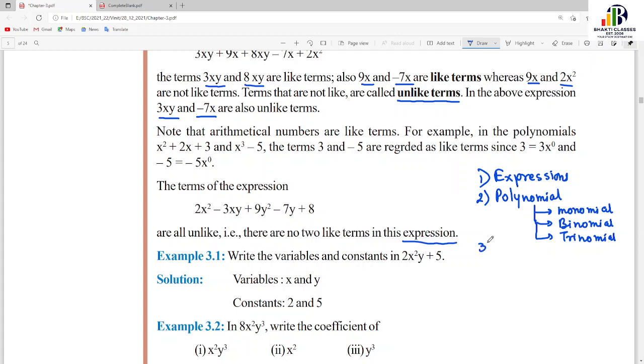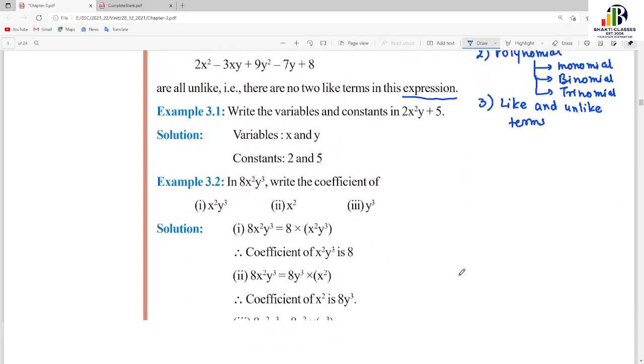We have learned about like and unlike terms. Now let us do some of the questions.